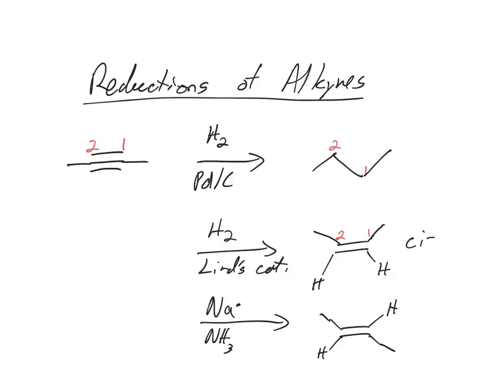See that cis alkene, that trans alkene. Thing to remember, Na dot with NH3 as a solvent is different than NaNH2. Don't confuse this with NaNH2. It's different. NH2 is different than NH3.